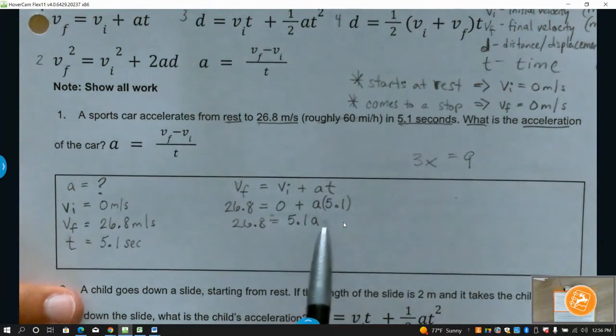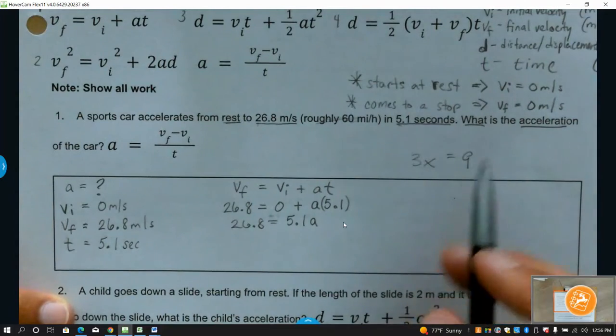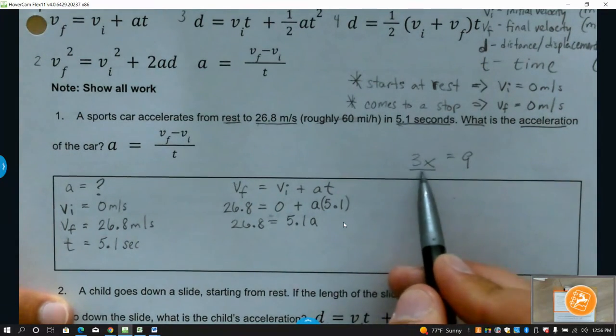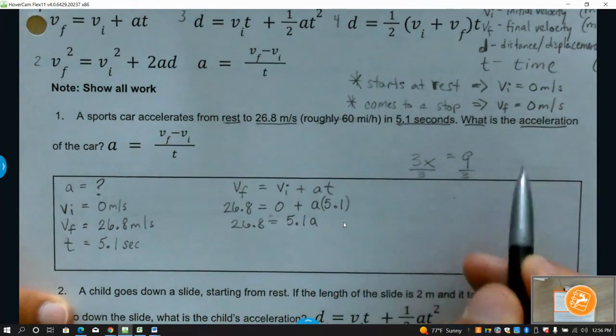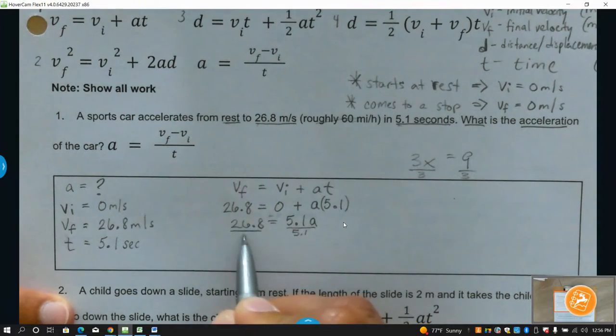To get a by itself, what would I do? Well, to get 3x by itself, you got to divide both sides by 3 to get x. Same principle applies. Here, you're going to have to divide by 5.1, both sides.